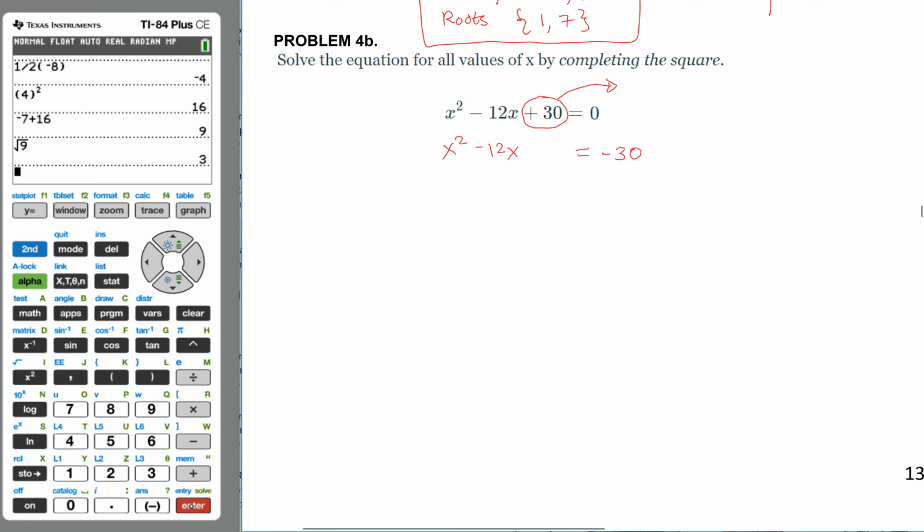When we move it over, that also reverses the sign. So let's find the number to add. This is plus a number to complete the square. So number to add.